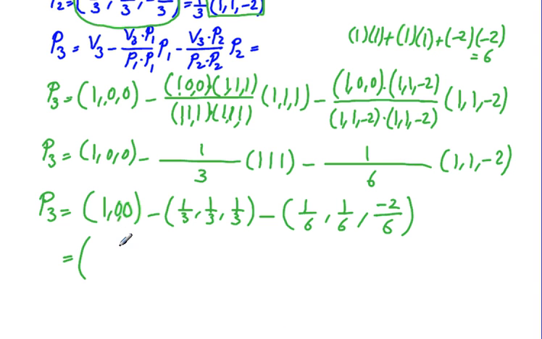So I take 1 minus 1/3 minus 1/6. Second component 0 minus 1/3 minus 1/6. Third component 0 minus 1/3 minus minus, and this is 1/3.